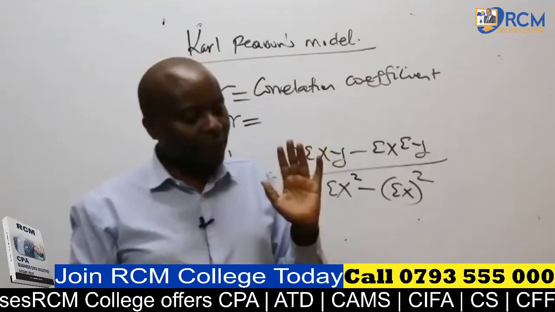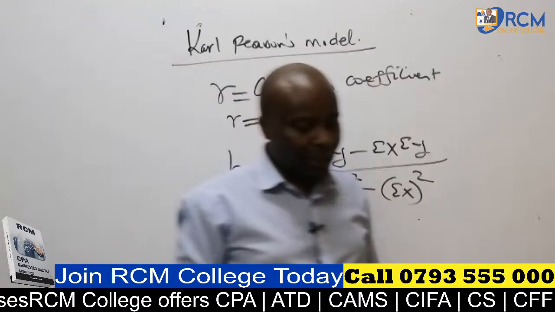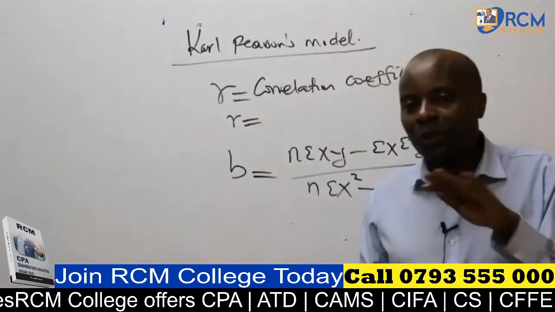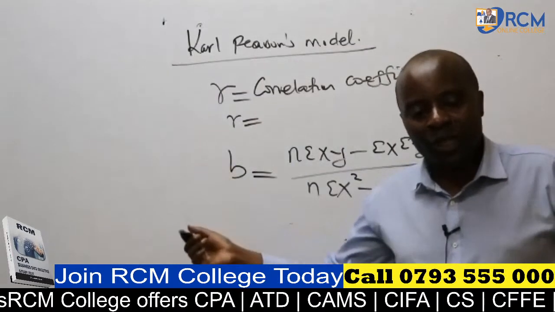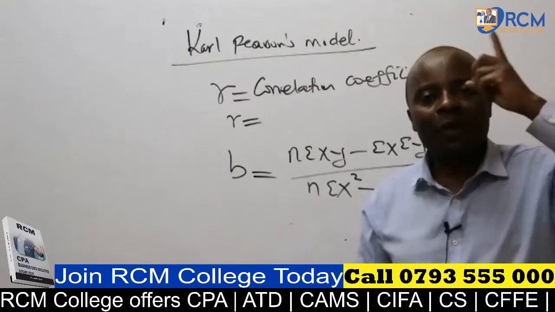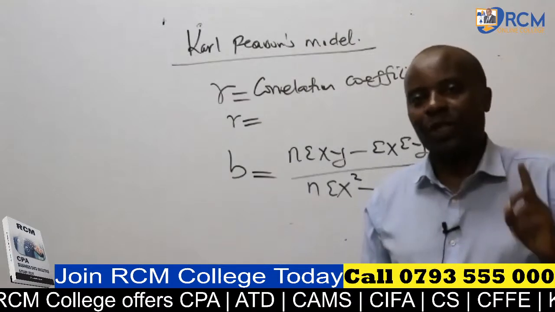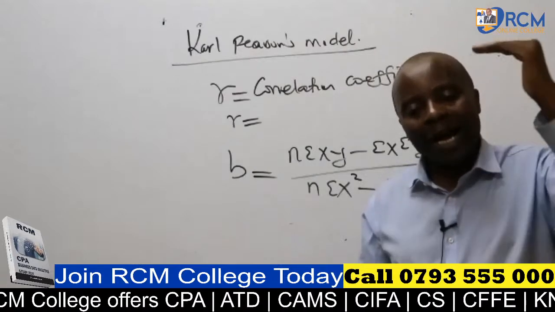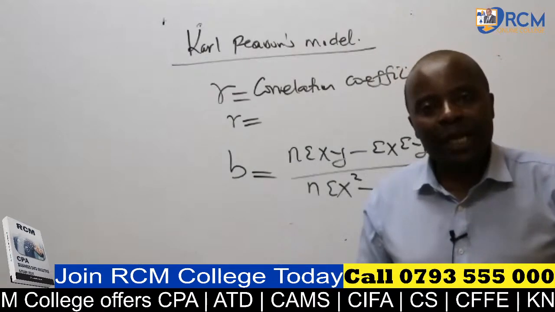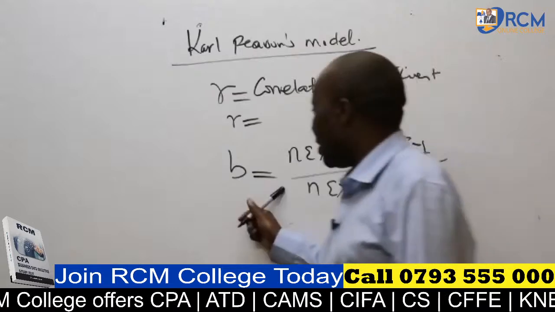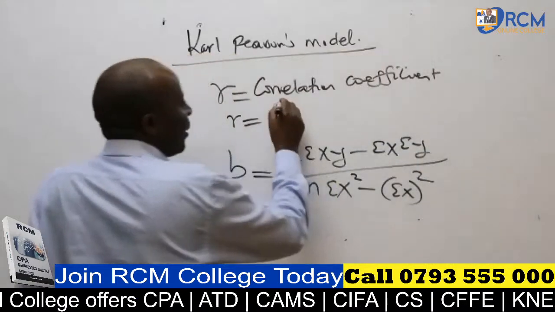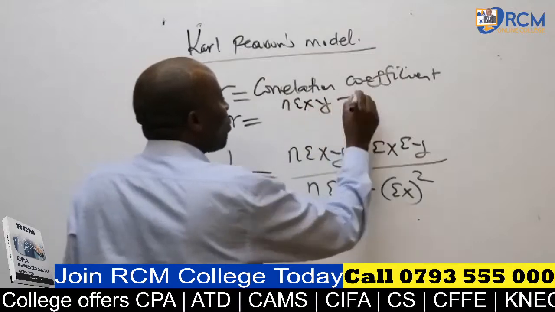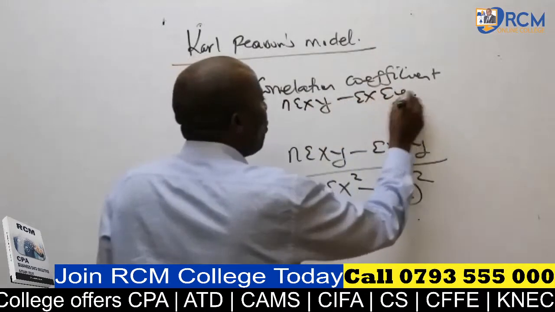So we have here n summation of xy minus summation of x, summation of y, all over.